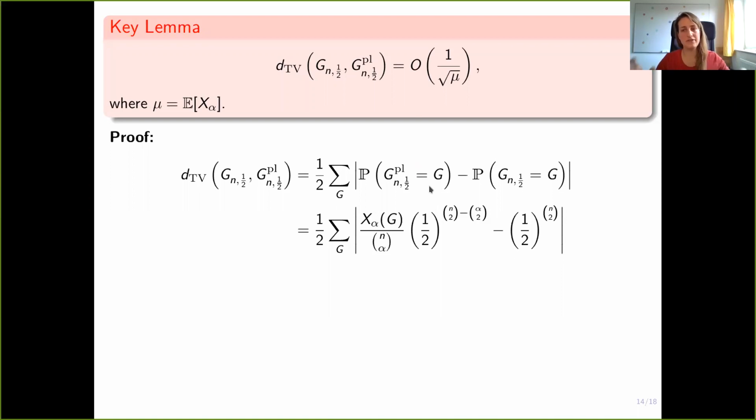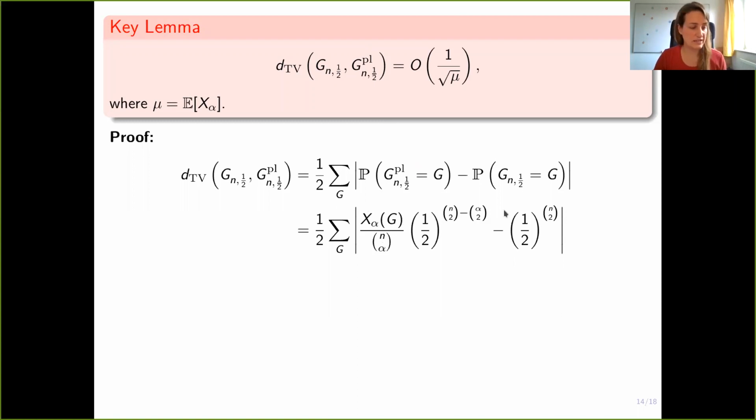For the first probability, if you have one particular graph on n vertices, then the alpha set that we choose, the special one, has to come out as one of the given ones in G. So that has probability the number of alpha sets in G over n choose alpha.